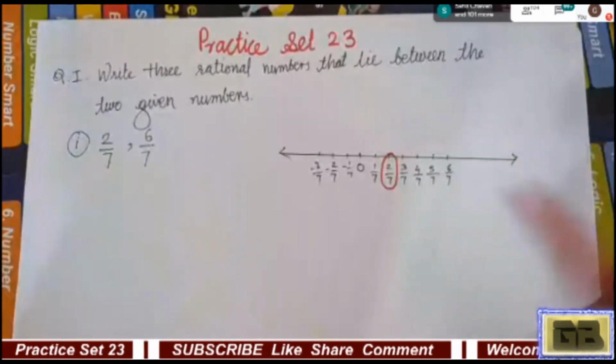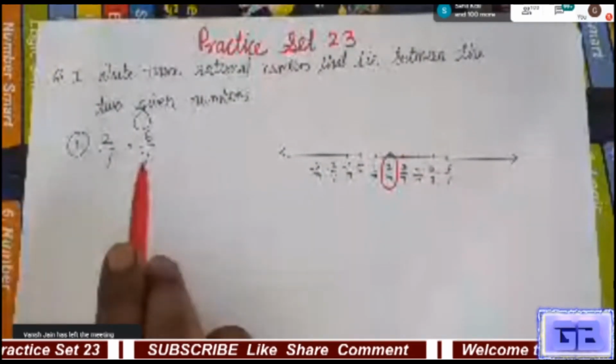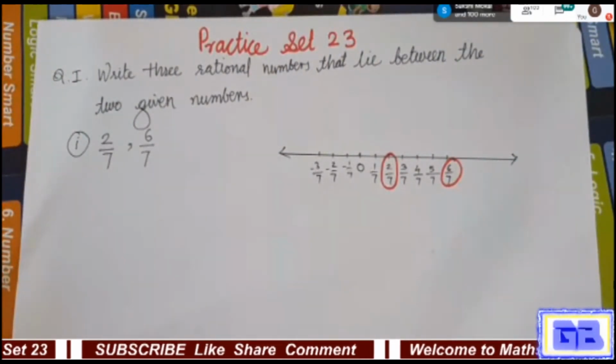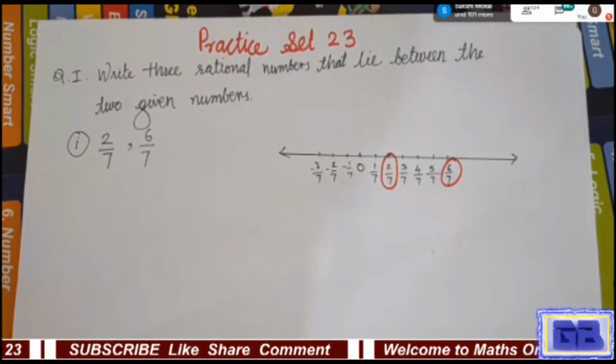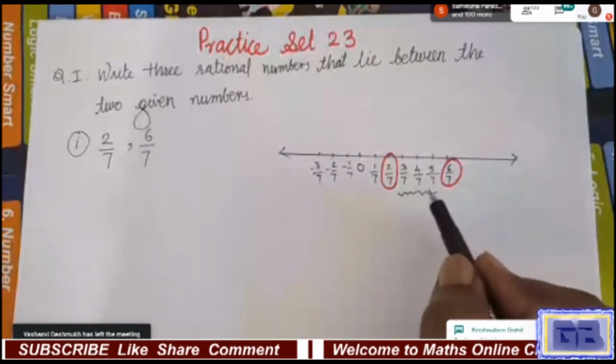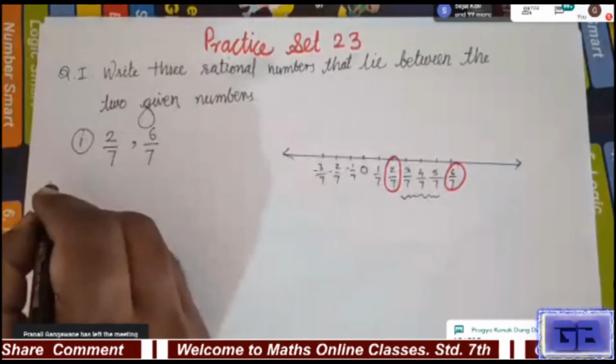Here is 2 by 7 and here is 6 by 7. So in between these two numbers, these 3 rational numbers appear.